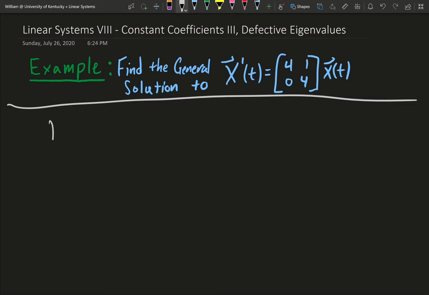So we're going to have 4 minus lambda, 1, 0, 4 minus lambda. Take the determinant to get the characteristic polynomial.